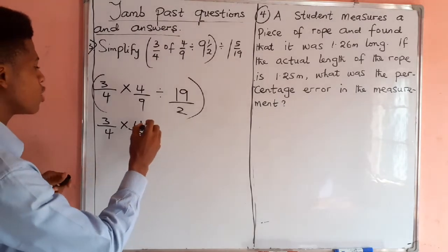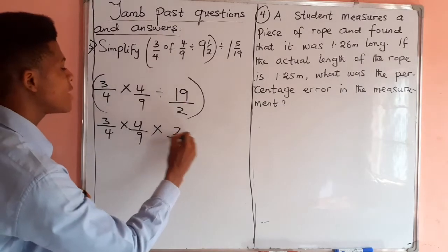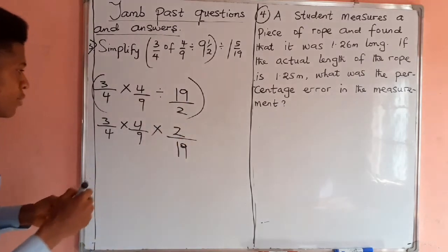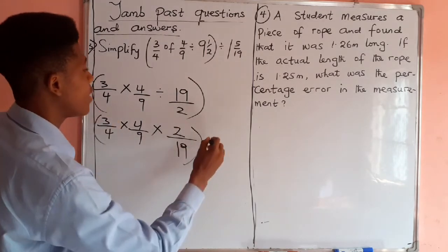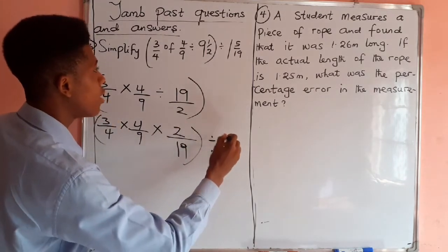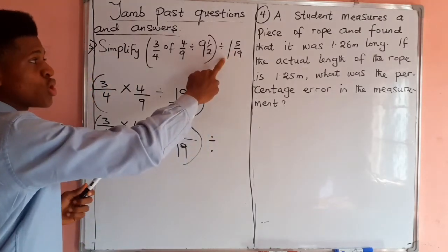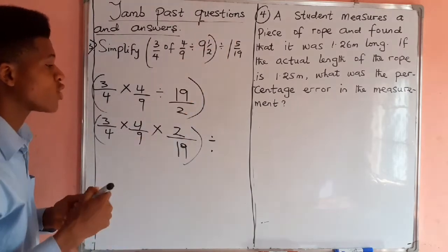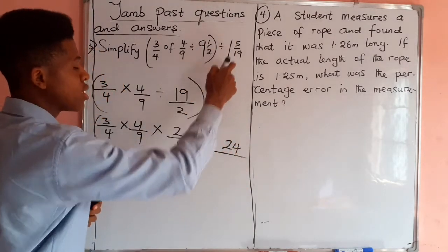So it will be like this, times 2 over 19. Okay, this bracket. Divided by what? 1 number. Okay, let's change these two. 19 times 1 gives us what? 19. Plus 5 gives us what? 24. Thank you. 24 over what? 19.